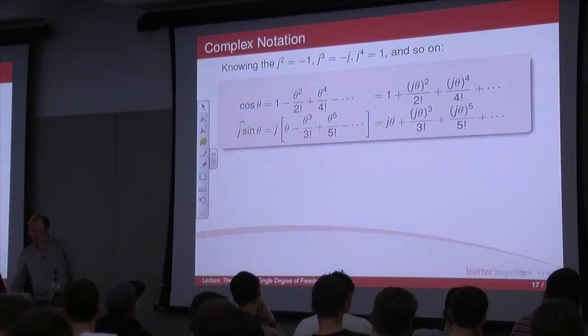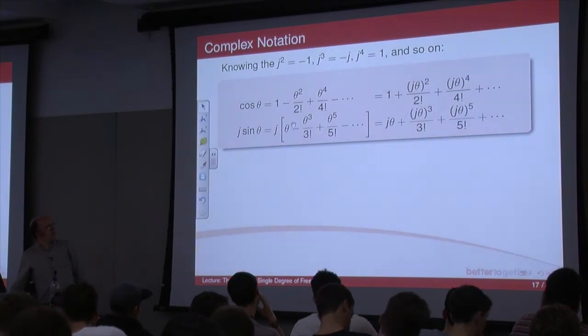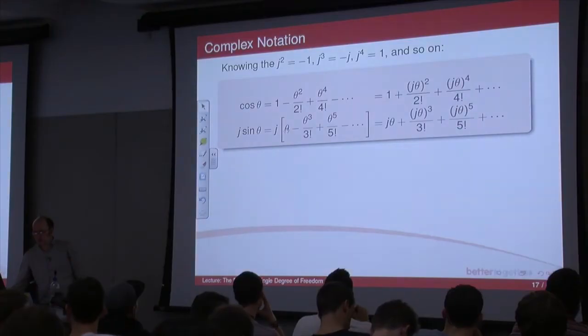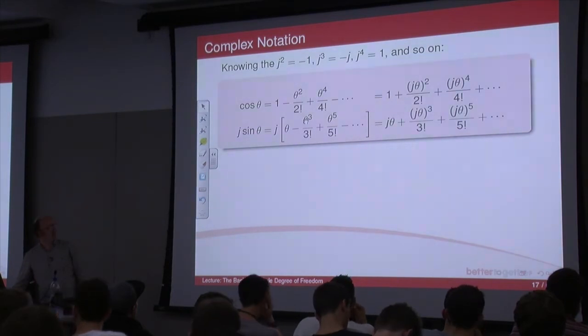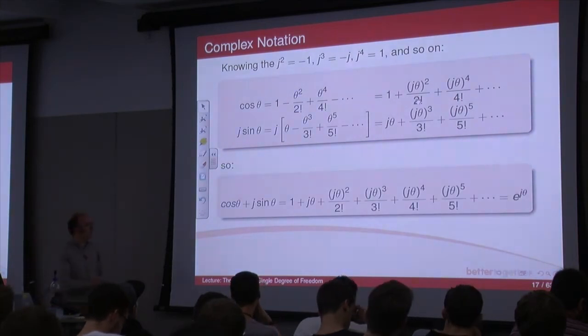And here, j sine theta, well, let's take the j out. We've got theta minus, plus, minus, plus. So you can do the same thing again. j times theta, and then j times theta j squared is -1 minus j. So that takes into account of that minus sign, and so on. So you end up with these two equations, and if you plug them together, you end up with this.